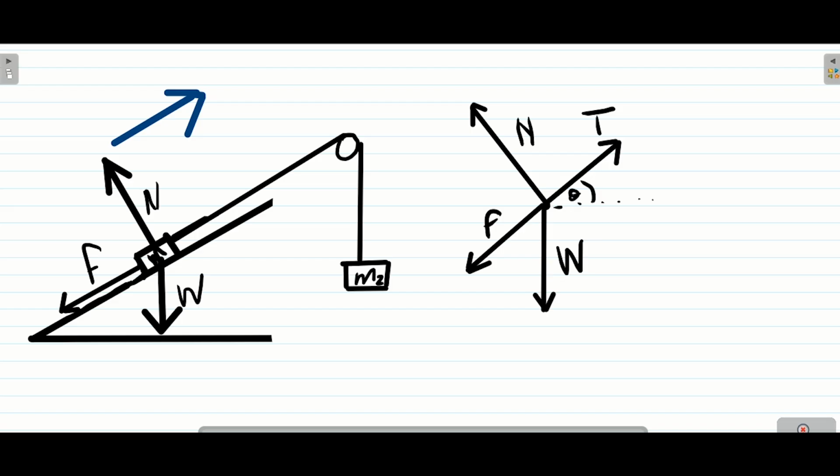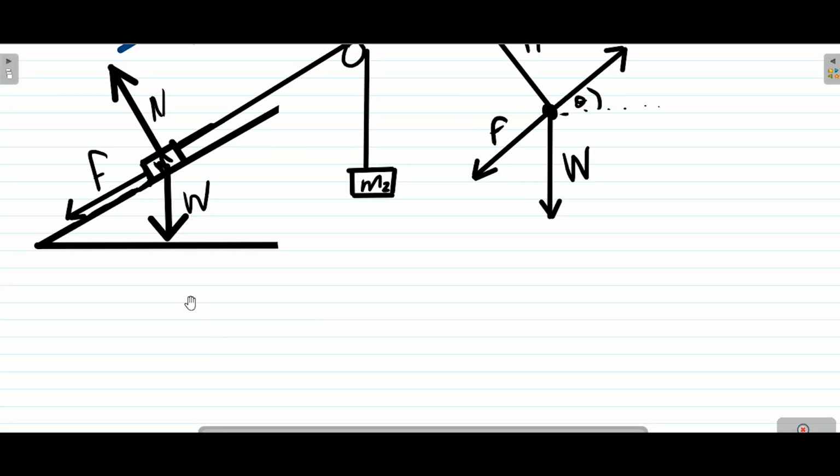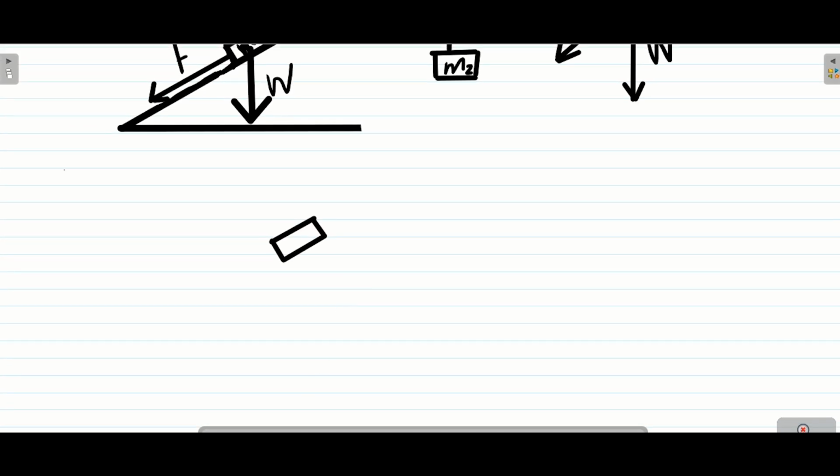So this, if we draw a dot here, is called a free body diagram. If they ask you to draw a force diagram, you include the body, which in this case is a box on an incline, and you state all the forces acting on the body.